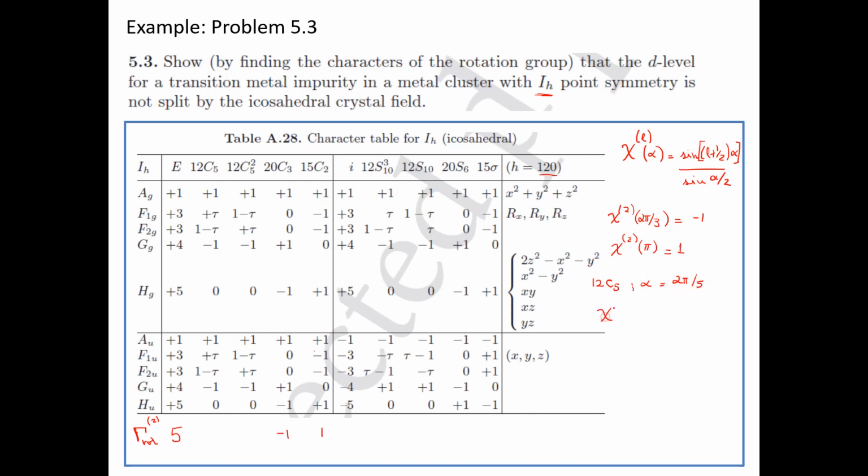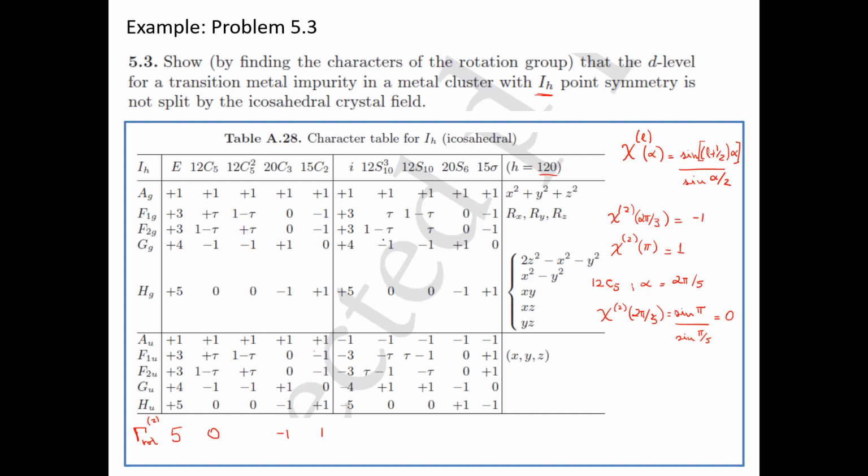So the character is equal to the sine of, when I have 5 over 2 times alpha, times 2 pi over 5, this gives me pi, sine of pi divided by sine of pi over 5. It doesn't matter because the sine of pi is 0, so this character here is 0.